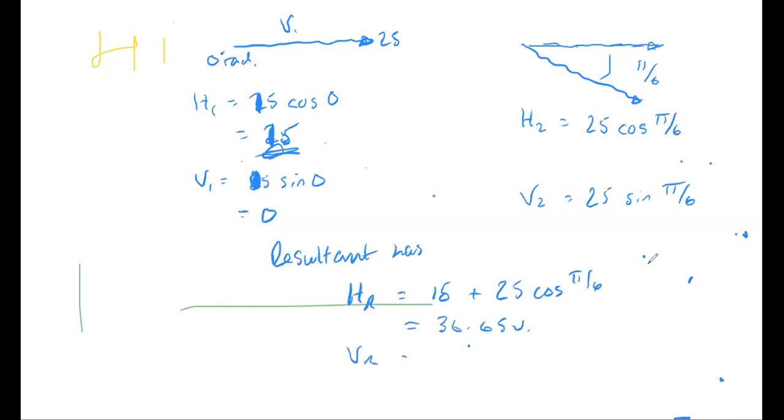And the vertical component is 0 plus 25 sine pi over 6, and that equals minus 12.5 volts.